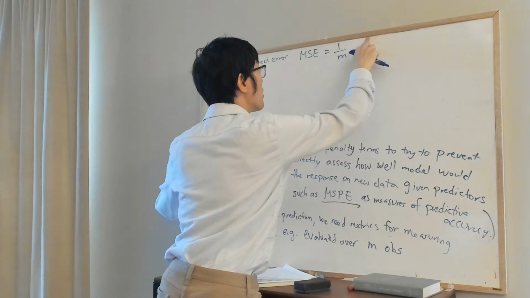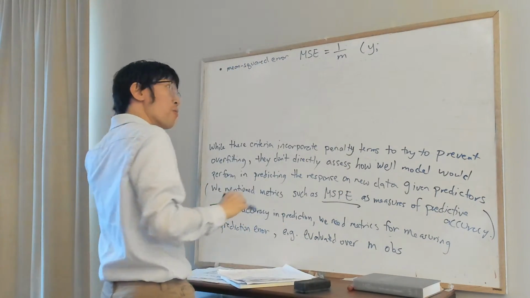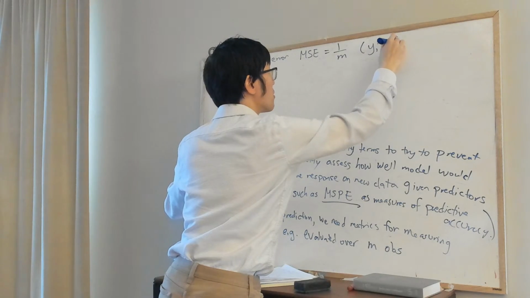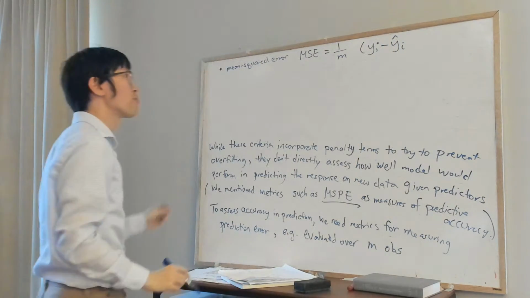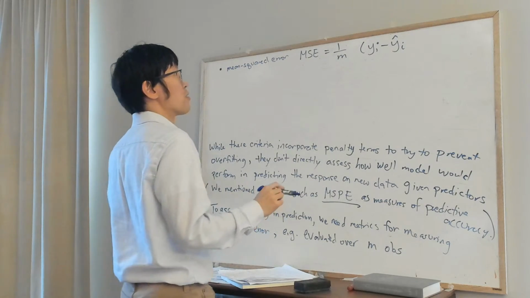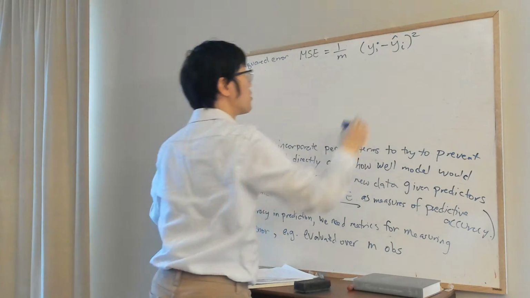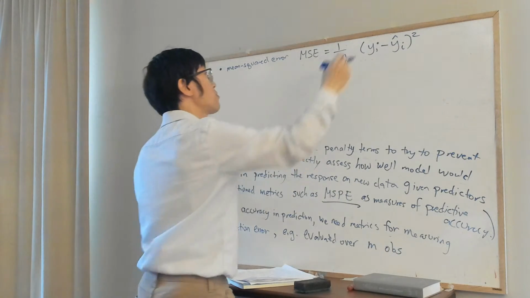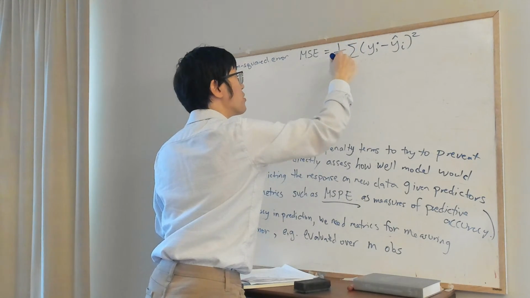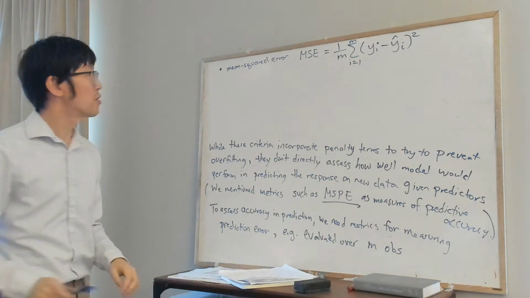The error is the actual observation, yi, minus its fitted value, which I'll call y hat i. That's the error for a particular observation, and then we square it, sum them up and take the average. That's the mean squared error.